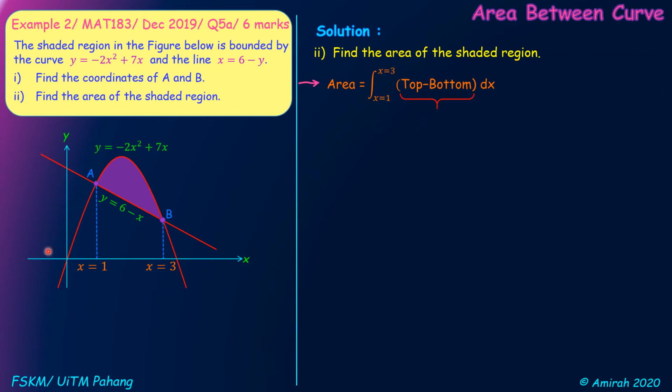If we use lower and upper limits on the x-axis, then we need to write the top and bottom functions in terms of variable x, so we write y as the subject. So we rewrite y equals 6 minus x.